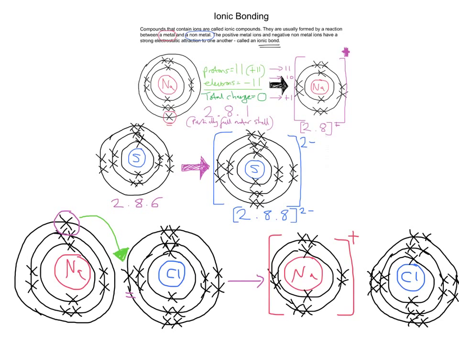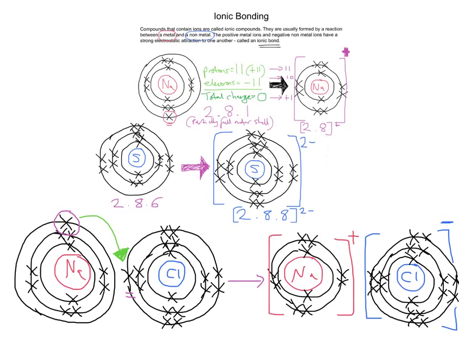And once again, we put brackets around that with a negative to represent the negative ion there. And that very simply is how you represent an ionic reaction in an exam question on a diagram.